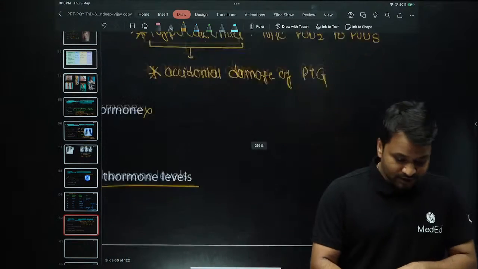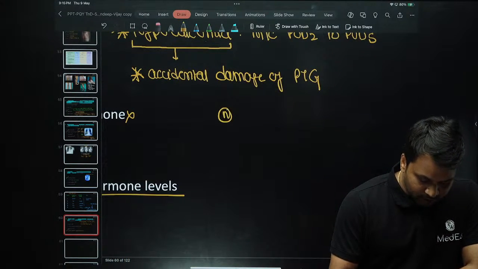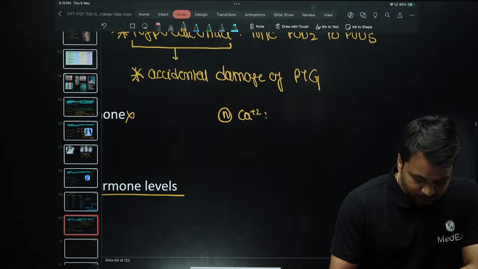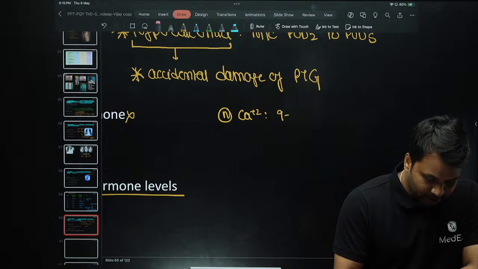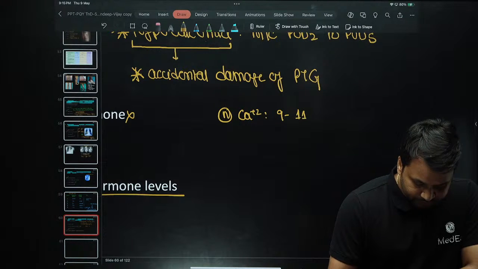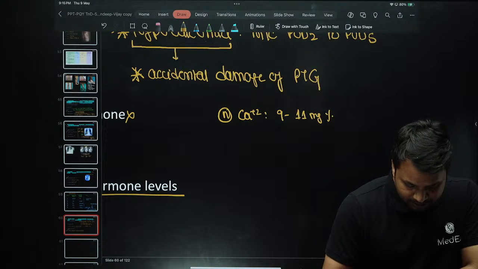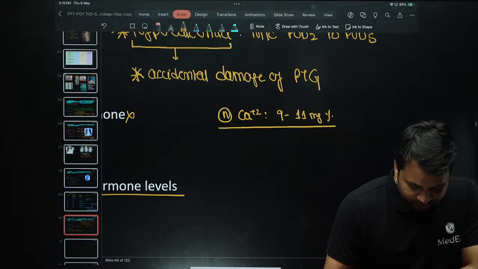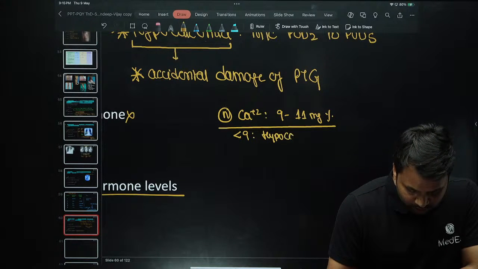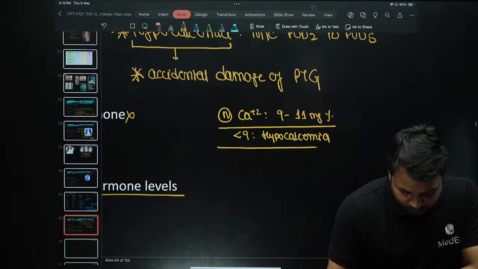Remember, the normal level of calcium is going to be 9 to 11 milligram percent. If it is less than 9, we call it hypocalcemia.